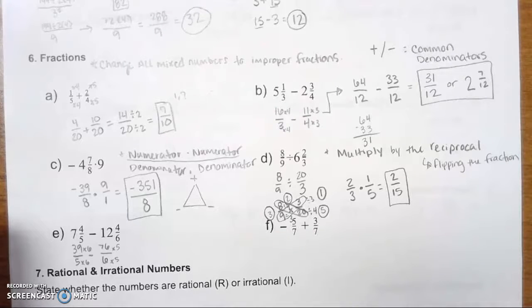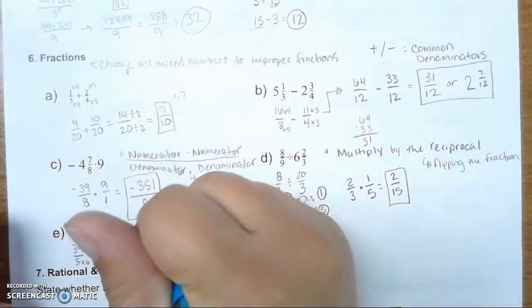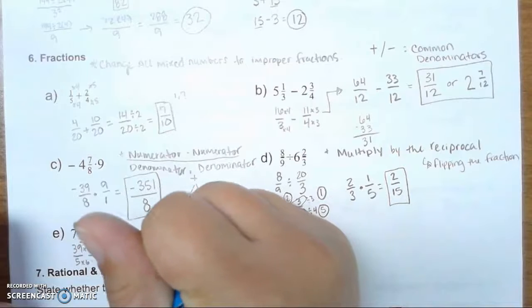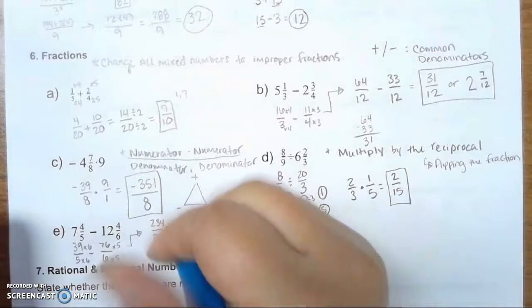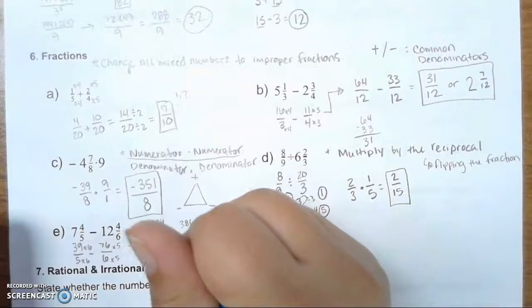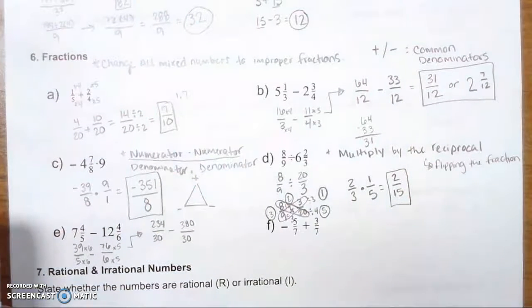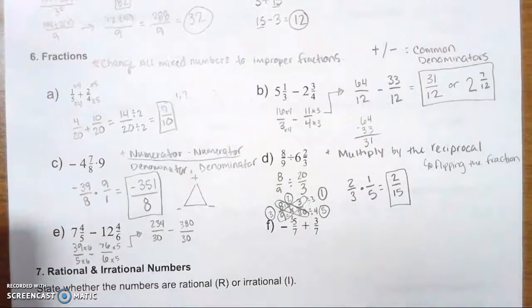So I would do 39 times 6 and get 234 all over 30 minus 76 times 5 will give me 380 all over 30. So we have to do 234 minus 380.